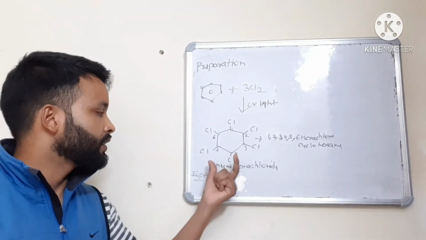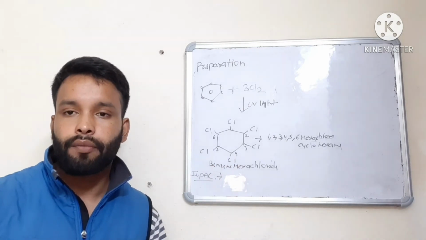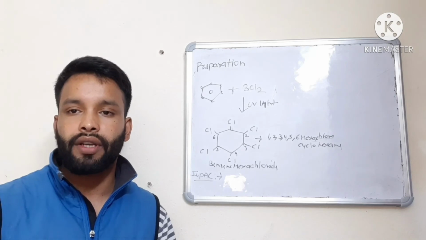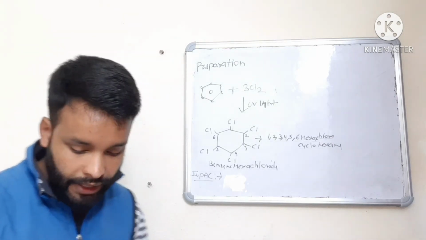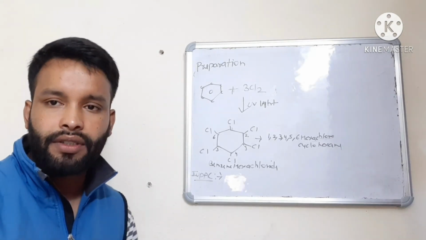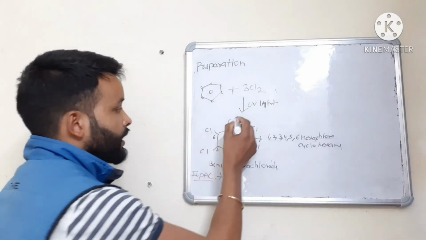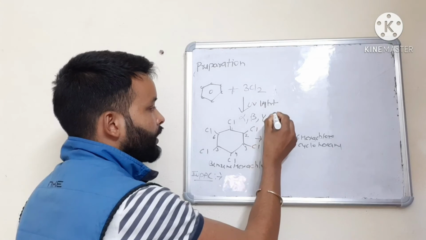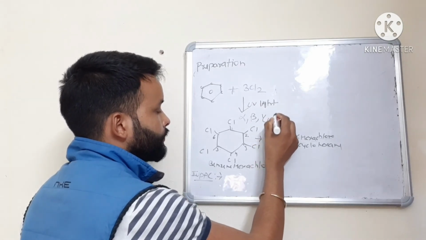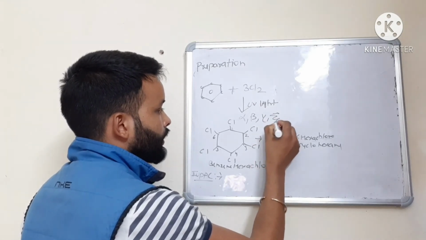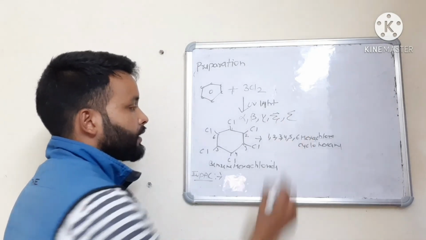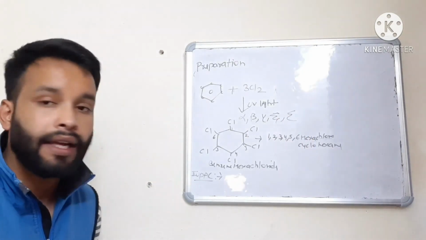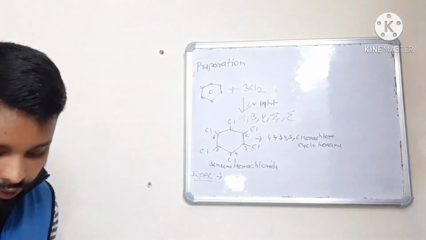You can change this structure into 8 forms, but out of those, only 5 you can synthesize. The names are alpha, beta, gamma, delta and epsilon. These are the 5 forms.